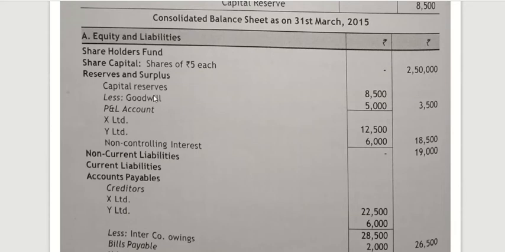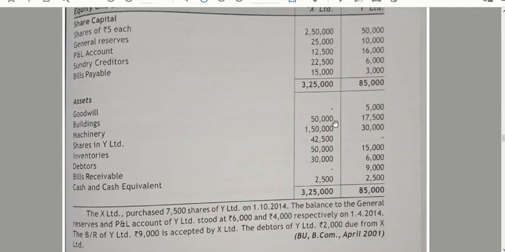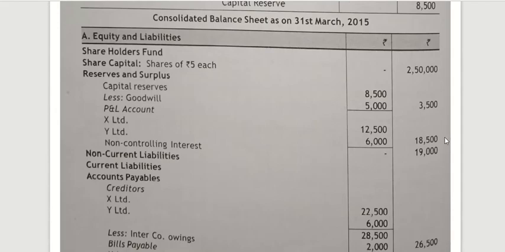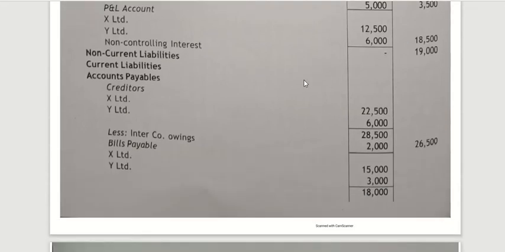We have capital reserve 8,500 minus your goodwill, which is 5,000, of Y Limited, so you get 33,500. Profit and loss account: X Limited is 12,500, Y Limited is 6,000, total is 18,500. Non-controlling interest, from the working note we get 19,000.